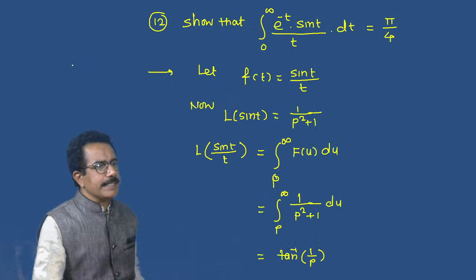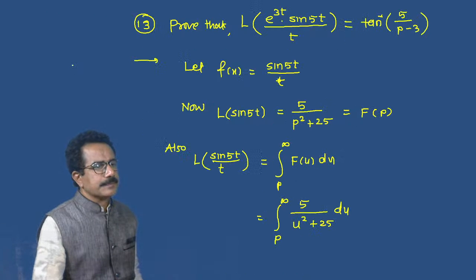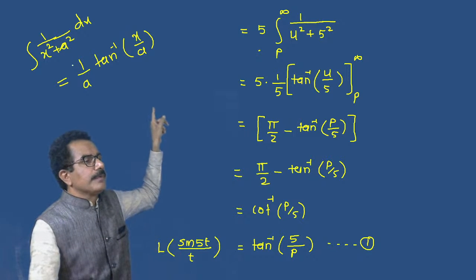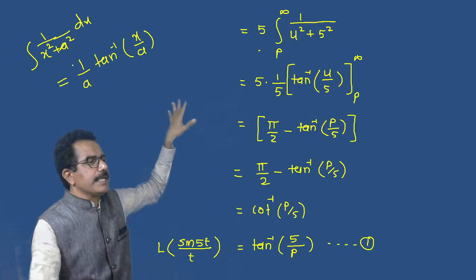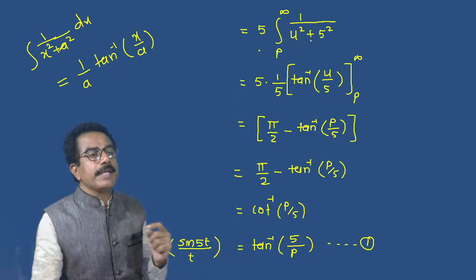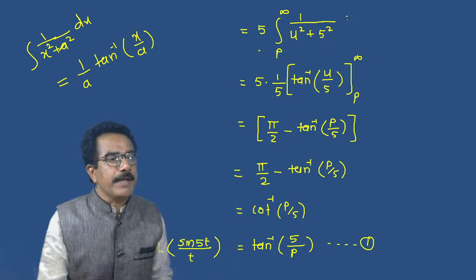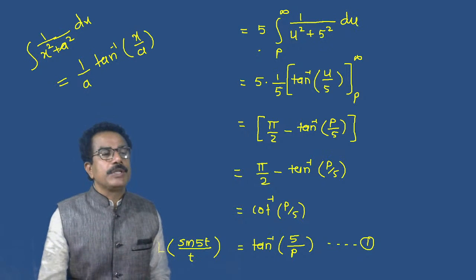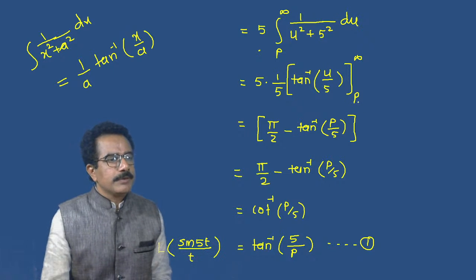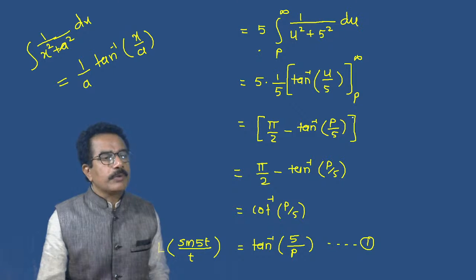So we can write this. Integral of 1 upon x square plus a square dx is 1 by a tan inverse of x by a. So 1 upon u square plus 5 square du gives 1 by a, means 5, tan inverse of u by 5, from p to infinity. Now keep the upper limit.